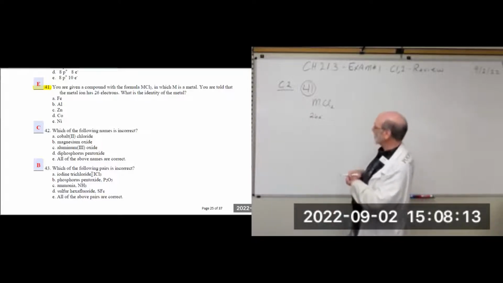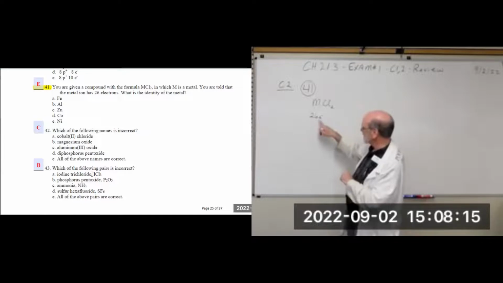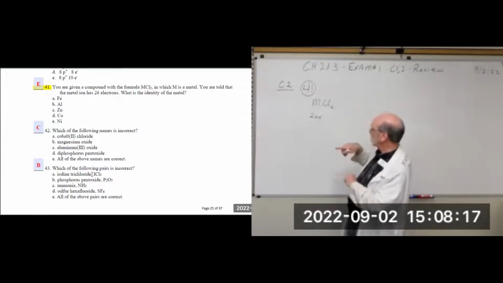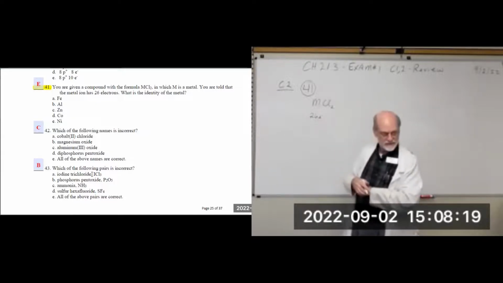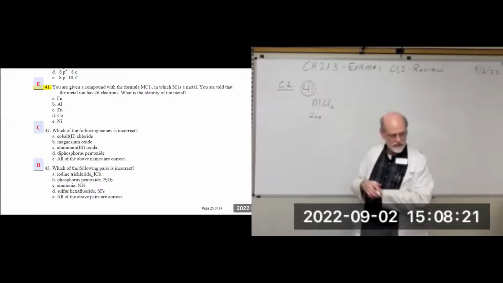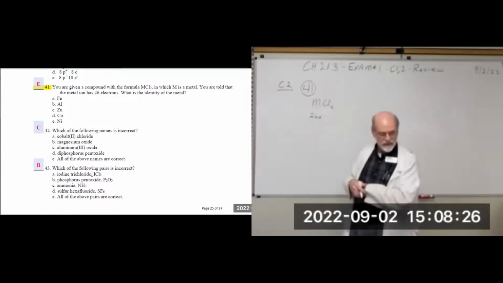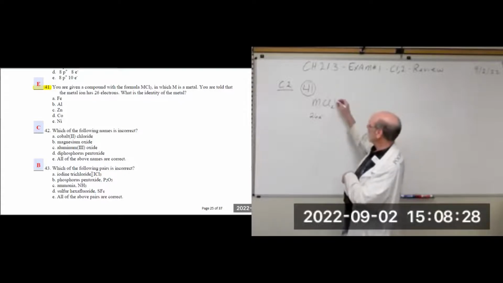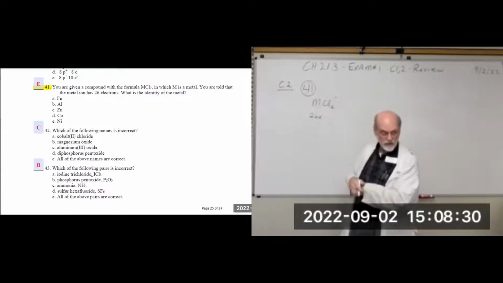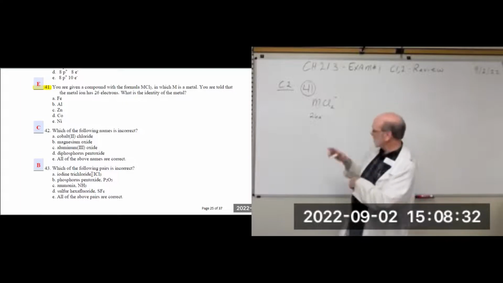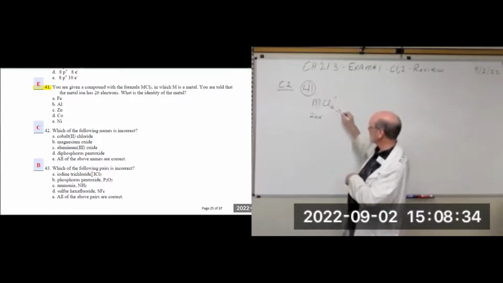Okay. So if it has 26 electrons, what is the charge on the metal? Do we know what the charge on chlorine is? Yeah, it's a halogen. So it's a -1 charge. So that means 2 times -1 is -2. That has to be balanced by a 2+ over here.